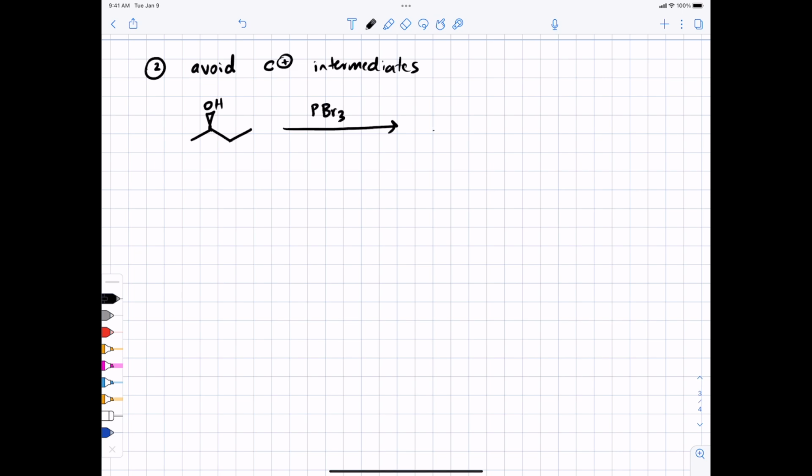And what this reagent does is it replaces the OH group with a Br, and you get inversion of stereochemistry configuration. So if there's inversion of stereochemistry, that's a clue that there was an SN2-like step along the way and that there is no carbocationic intermediate.